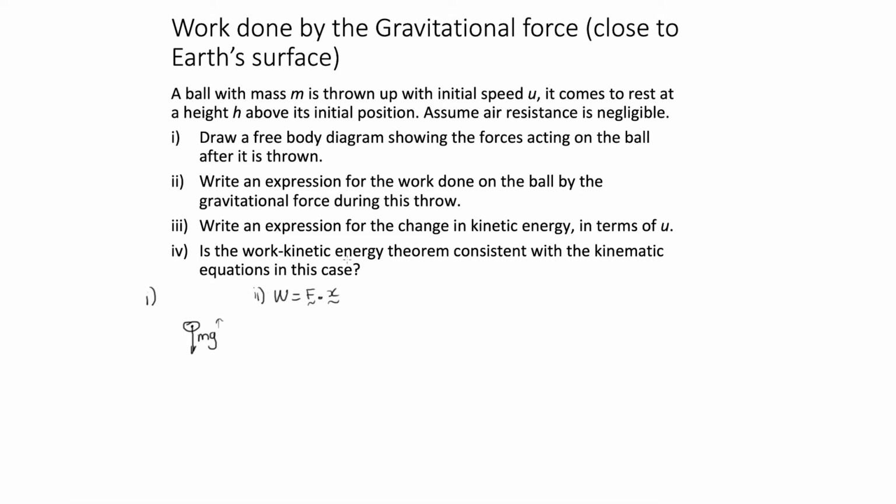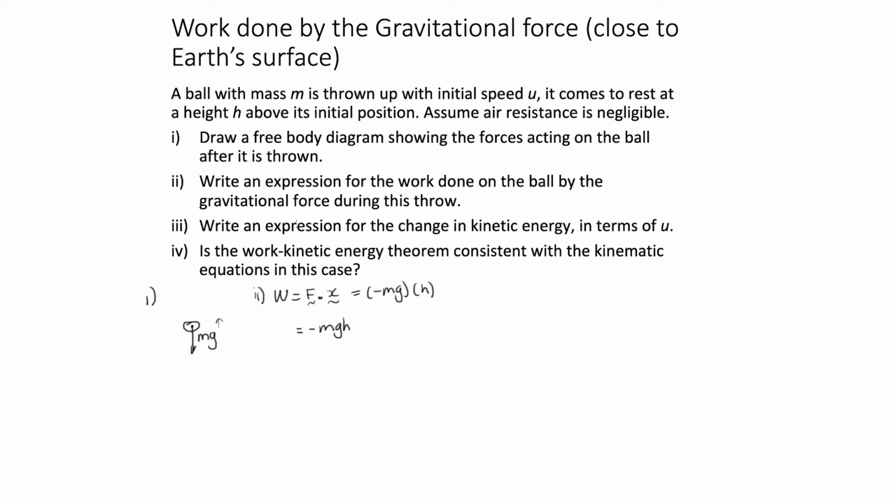It's moving up, and it moves up a height h above its initial position. So the displacement is given by plus h. So this is equal to minus mg times h. Now the minus is because the weight is down, in the opposite direction to the displacement. So the work done on the ball is equal to minus mgh.